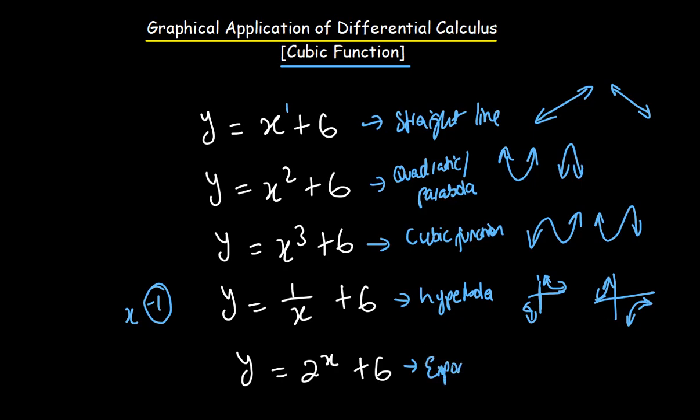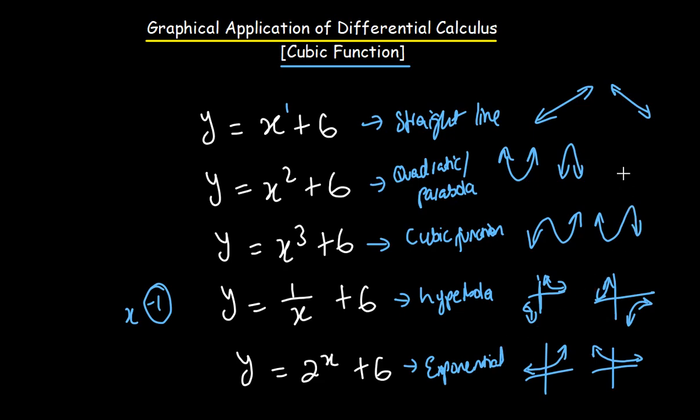Okay, we're talking about an exponential, and it can look like this, or it can look like this. Okay, so that is how you determine what type of function you are dealing with, just using the exponent on x.